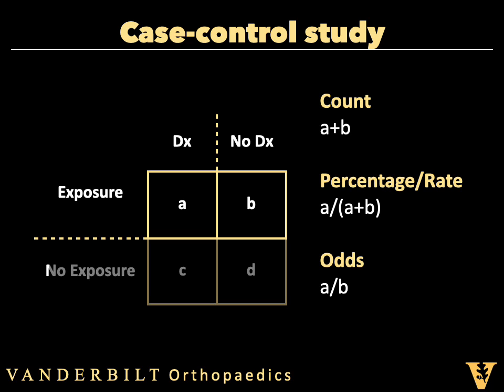Below that we have the no exposure, or just imagine that says a negative diagnostic test, and the odds of a group that has a negative test having subjects that have the diagnosis or don't have the diagnosis is C to D.